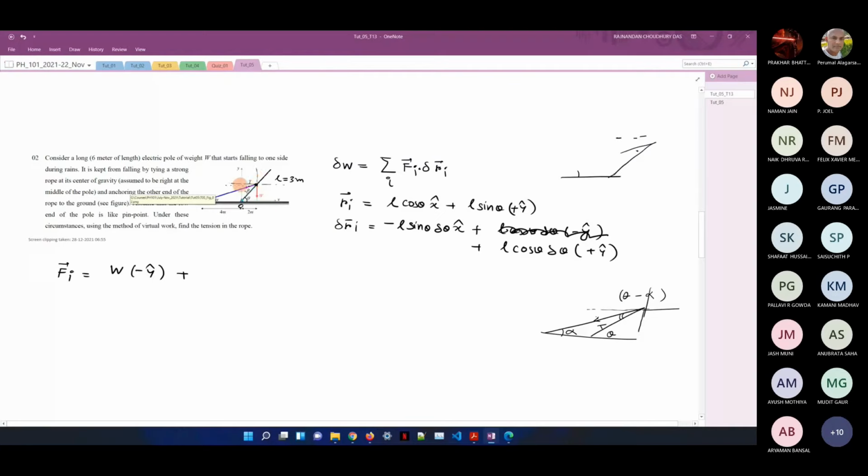This is alpha. This is also alpha. So this will be T cos alpha along minus x cap plus T sin alpha along minus y cap. Is it correct? I want to write the force.